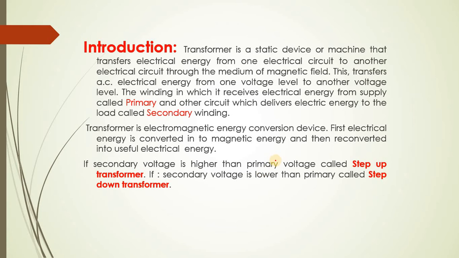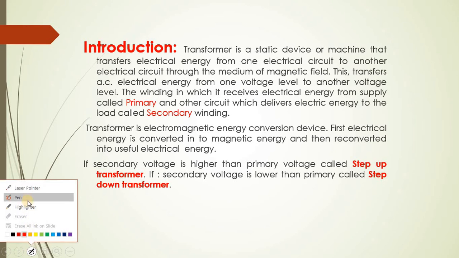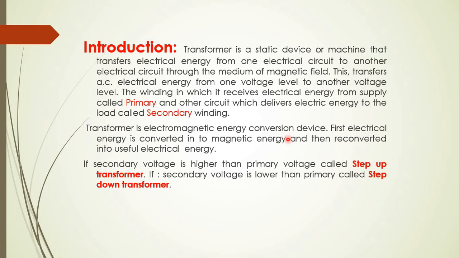Okay, so now we'll see the introduction of the transformer. What is the transformer actually doing? A transformer is a static device, or a machine, that transfers electrical energy from one electrical circuit to another electrical circuit through the medium of a magnetic field.